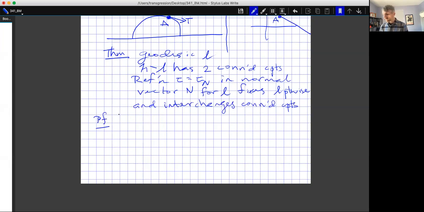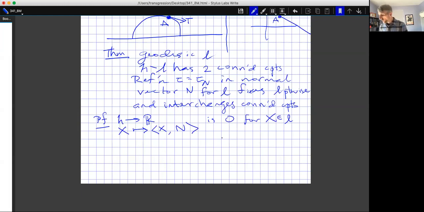But what we can begin by doing is looking at a function from H to R that takes some vector and spits out the inner product of that vector with the normal for this geodesic. It's not hard to see that this is equal to 0 if we're on the geodesic, because the normal vector is perpendicular to the geodesic.